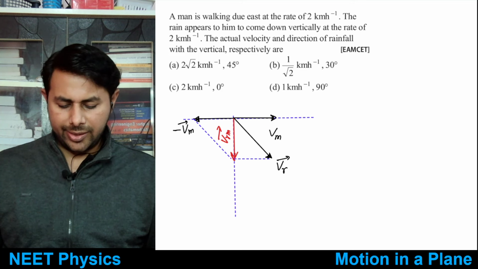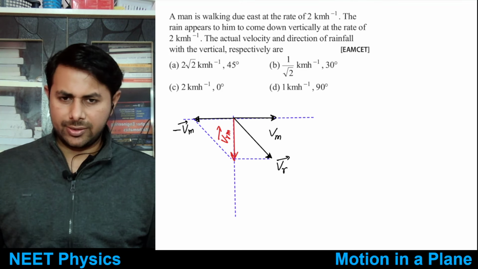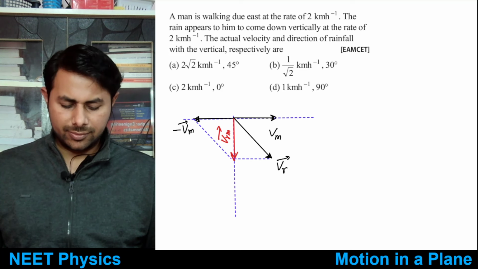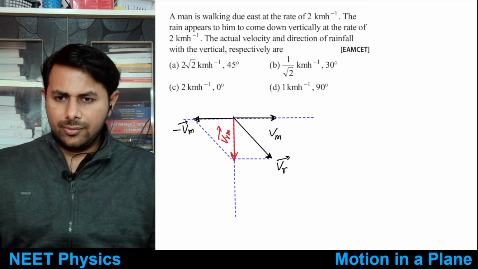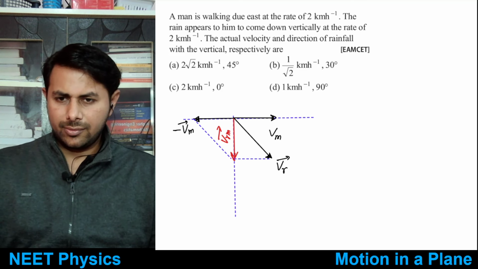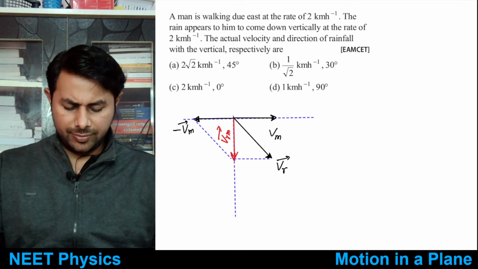So option A, 2 root 2, 45 degrees. Yeah, that's correct. Okay, everyone?